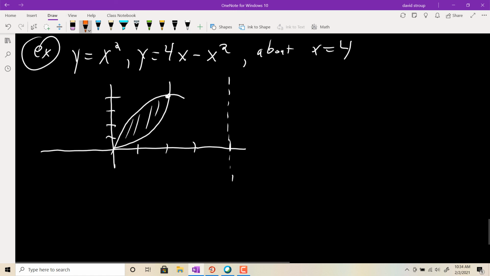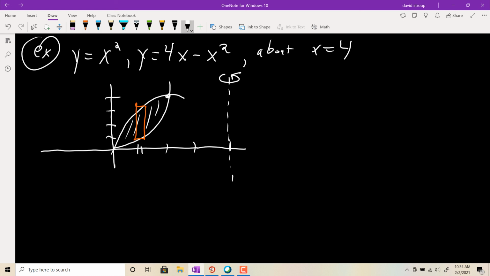And the rectangles for shells are parallel to the axis of rotation. So if we're rotating about that line, it's kind of parallel to the y-axis. So I need a height function and a radius function. The radius is going to be a little different, right?